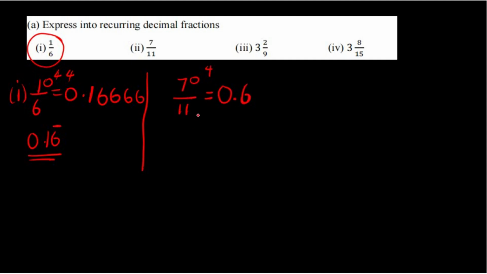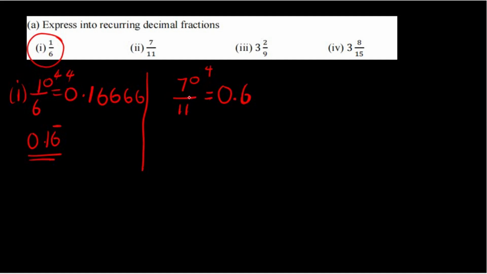Then 11 into 40 only enters 3 times, which is 33, because it can't enter into 40.